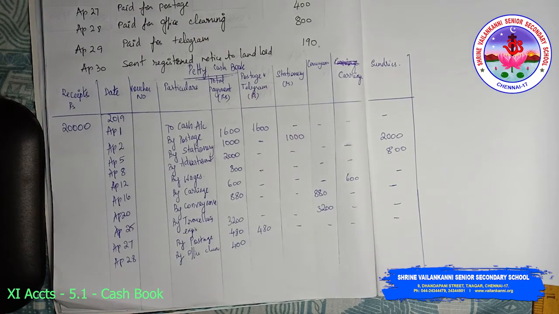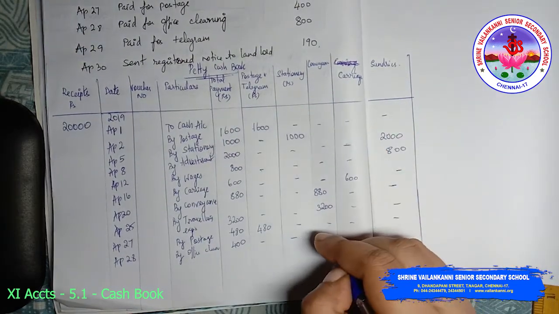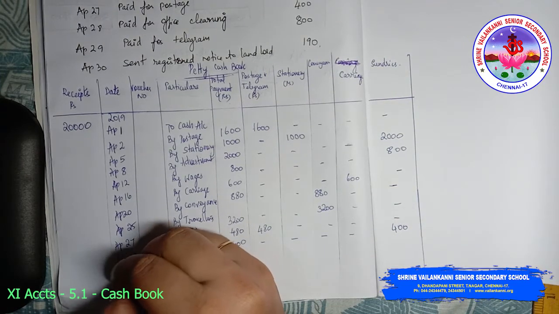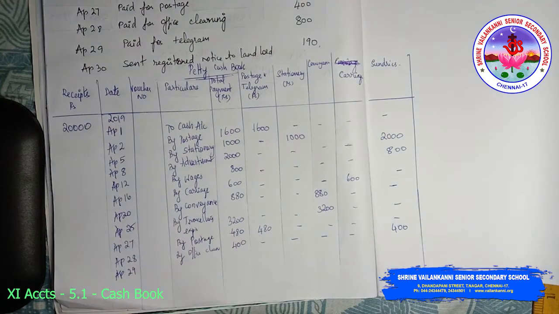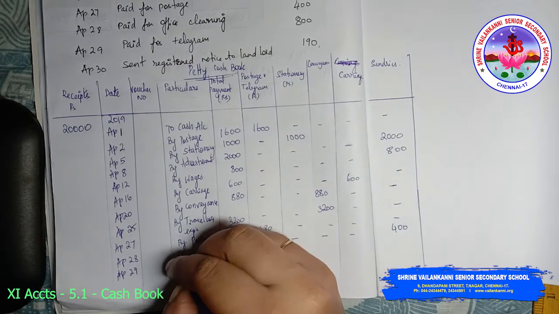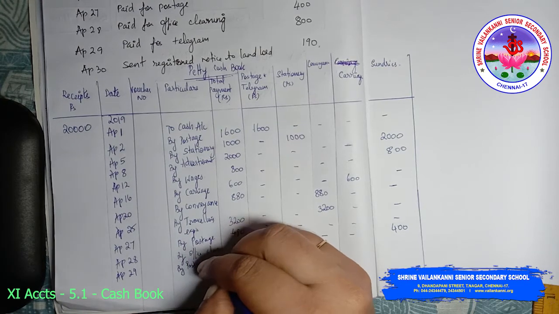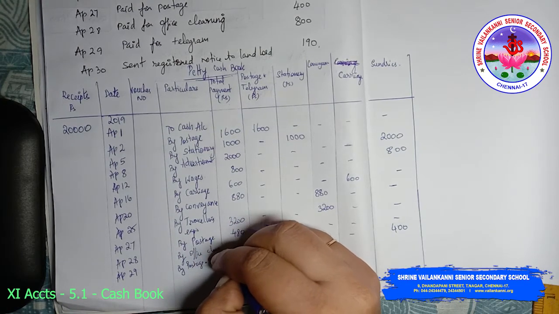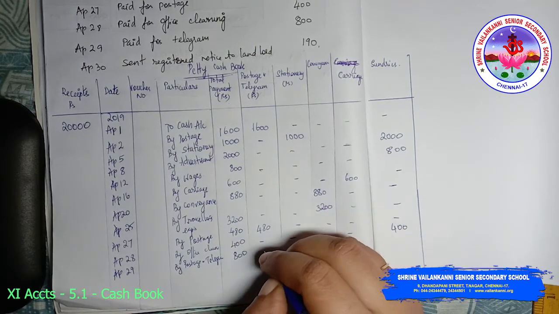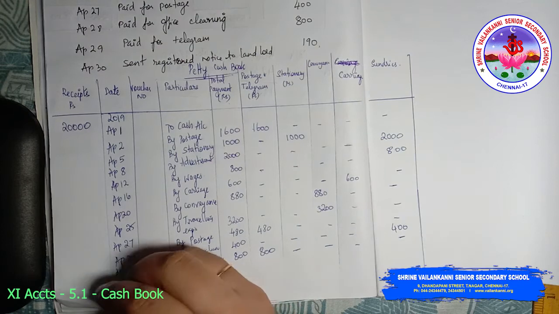A separate column is not created for cleaning, so I'm going to write it in sundries. April 29, paid for telegram, by postage and telegram, so it is 800. Across telegram you write 800.